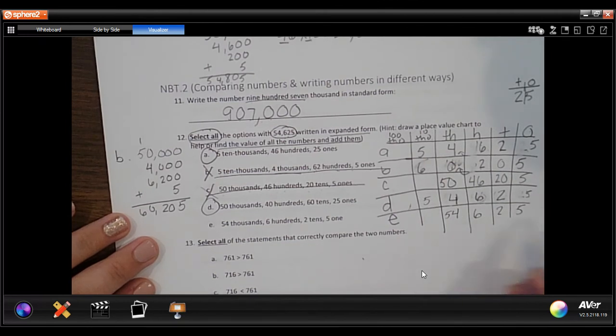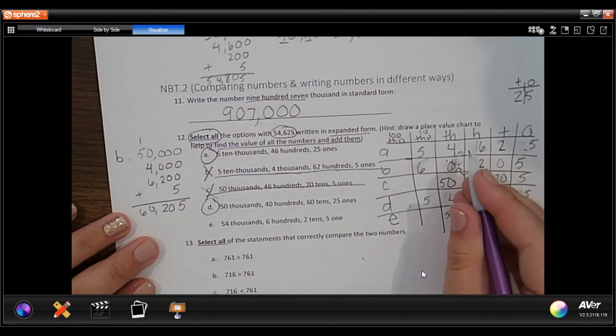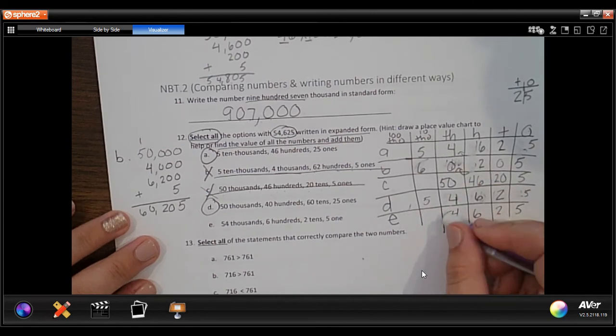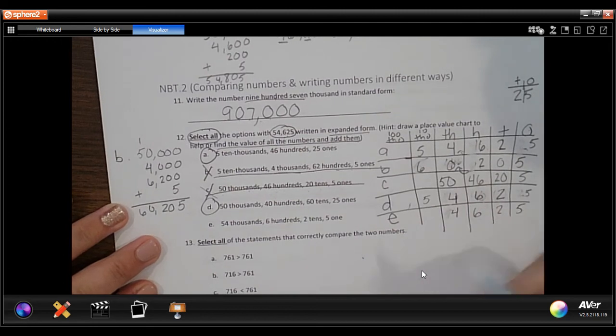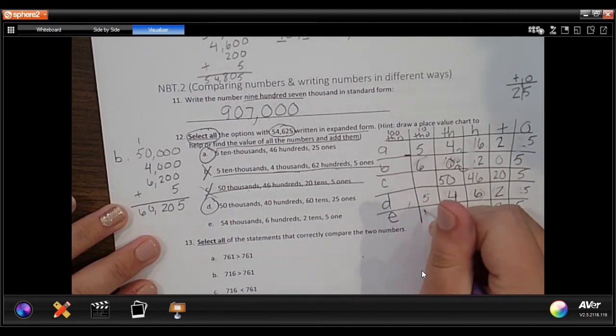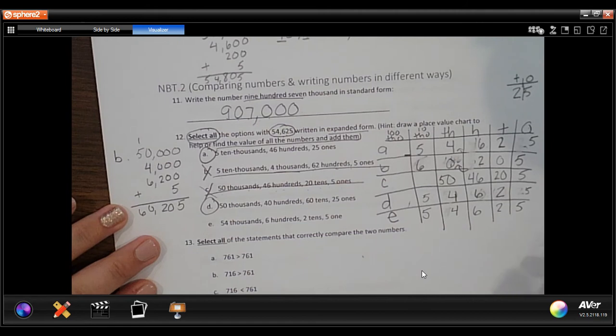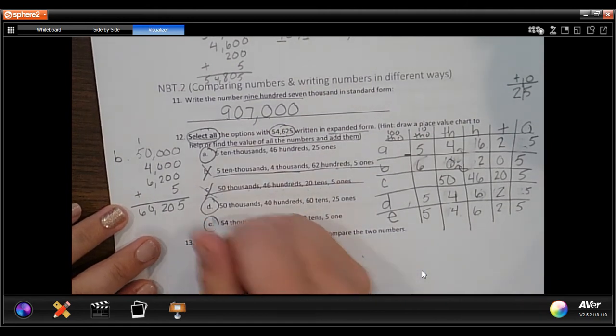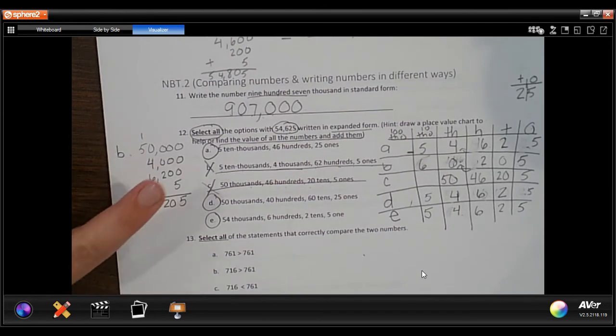Okay, so I don't see much moving around here other than the 54,000. 54 times 1,000 would be 54,000. So I'll move my 5 over from the thousands place and move it to the 10,000s place. And I see that this is 54,625. So I will circle that answer. So my answers for this one are A, D, and E.